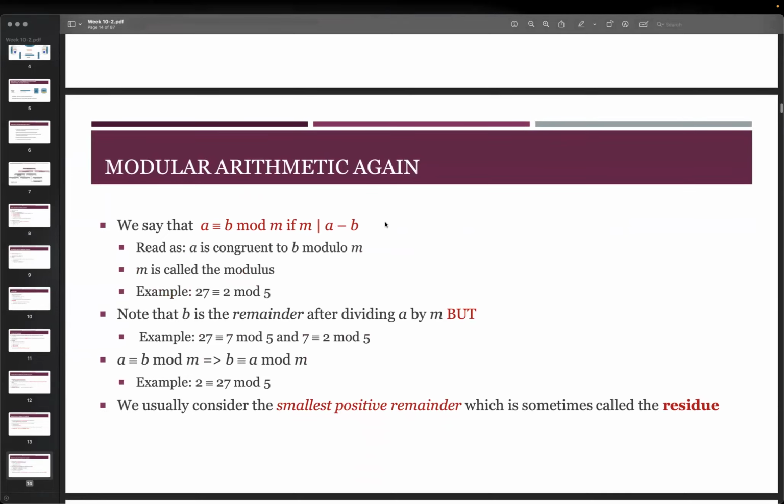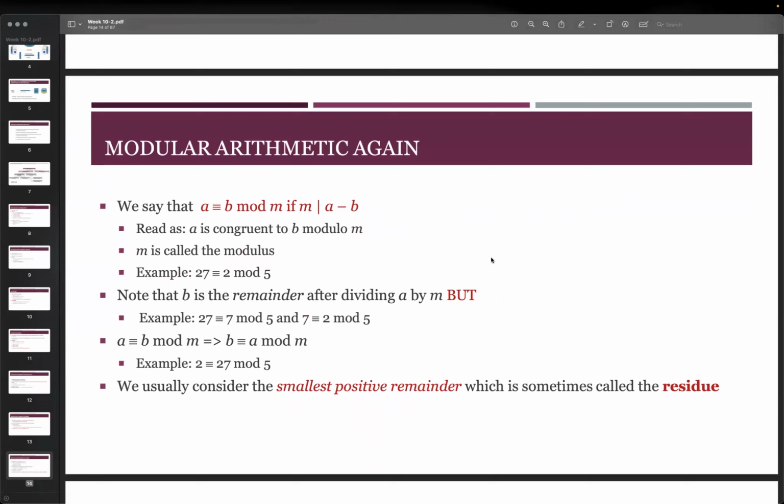And when we come back to our modular arithmetic again, so if A is congruent to B mod M, it means M divides A minus B. Okay, so A is congruent to B modulo M. M is called the modulus, as we say.